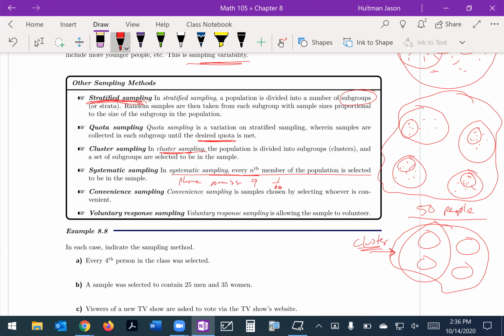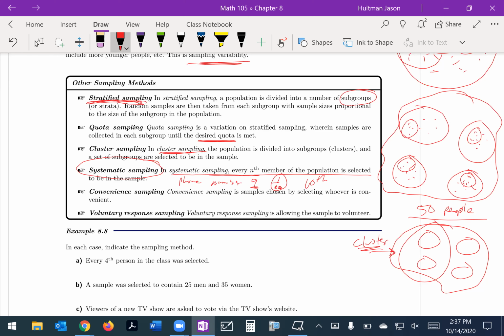That's 10 digits, right? So the probability of my phone number ending in a 9 is 1 out of 10, which means that if I were to do this on a huge scale, I'm basically selecting every 10th person. So every 10th person gets selected. So this would be something called systematic sampling, and that's not a bad way to go either.